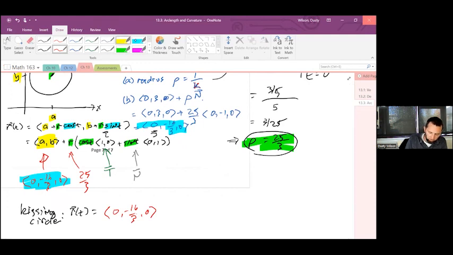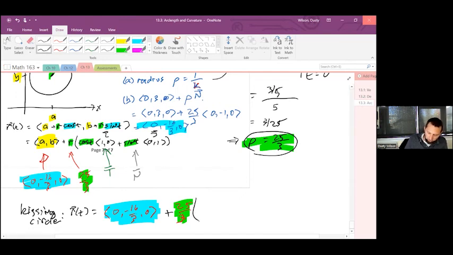That's the center of the circle, plus R, which is the 25 over 3. Yeah, 25 over 3. So I get a little excited. So that's that green value. Parenthesis.